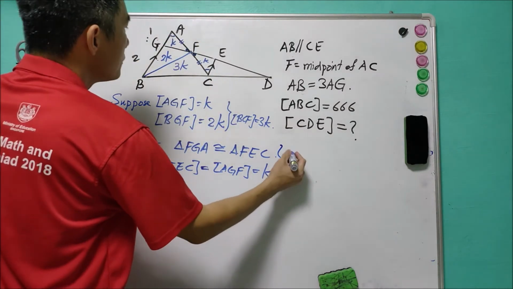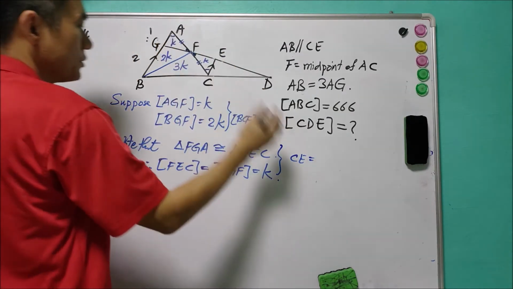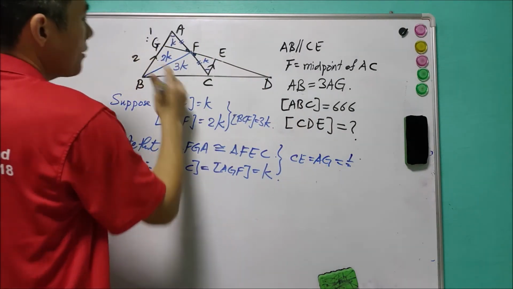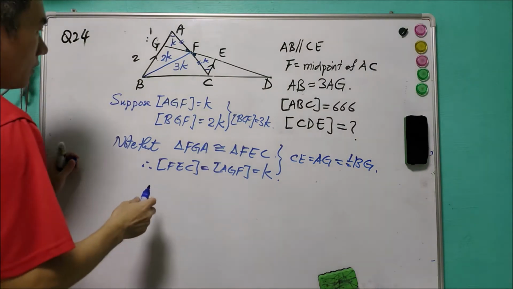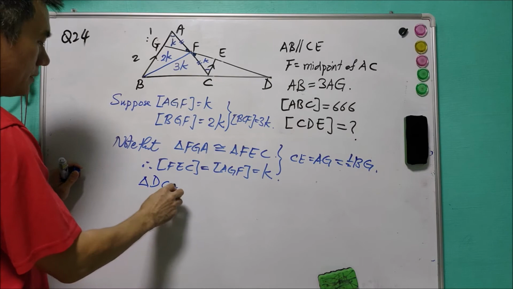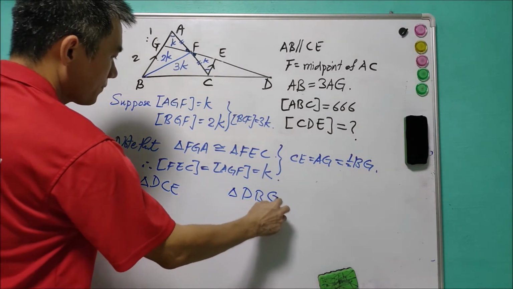And also, we have CE. CE is equal to AG, and AG is equal to half of BG. Now we concentrate on the triangle DCE and the triangle DBG.